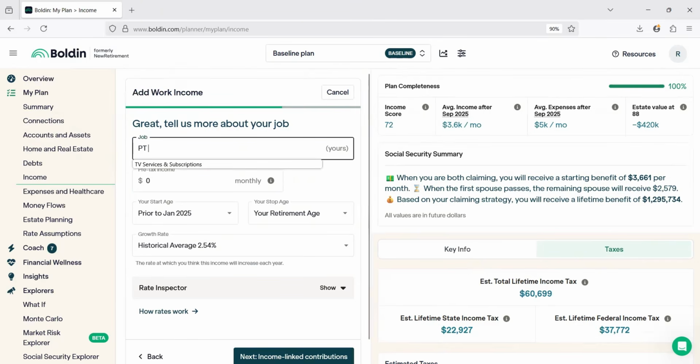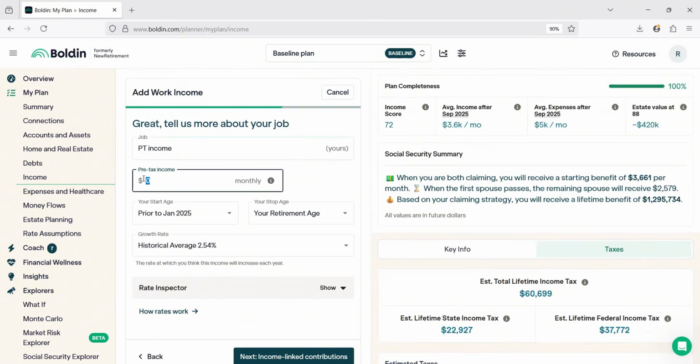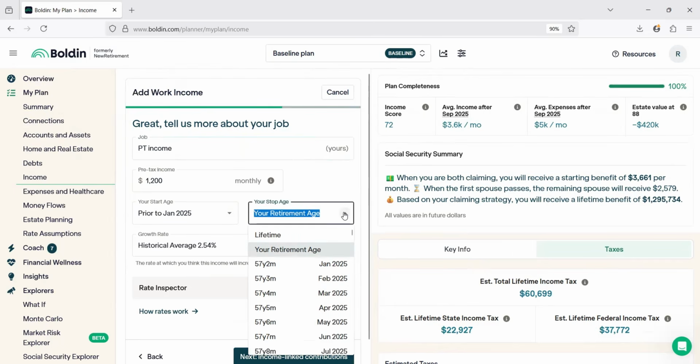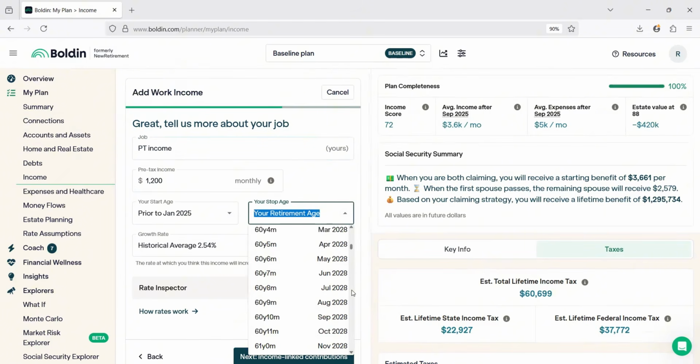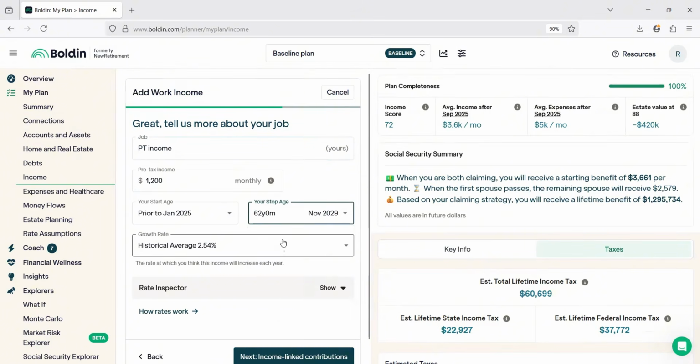Even working part-time, and say you're making, I don't know, let's say $1,200 a month until you start collecting at 62.